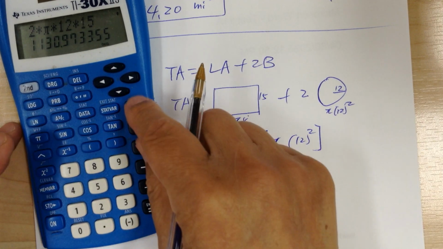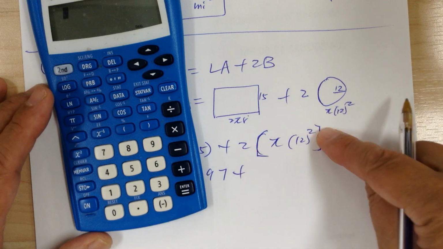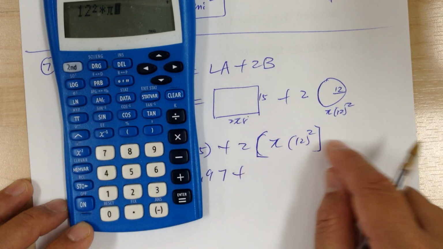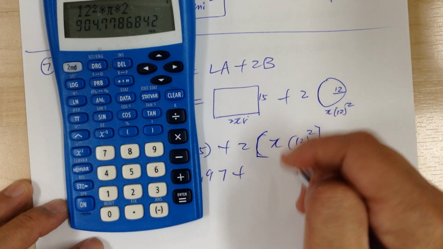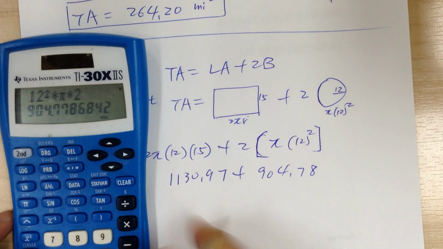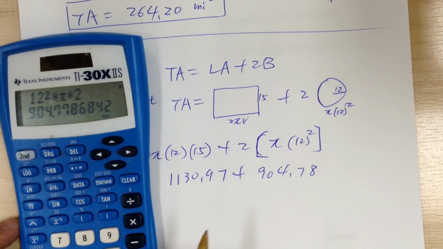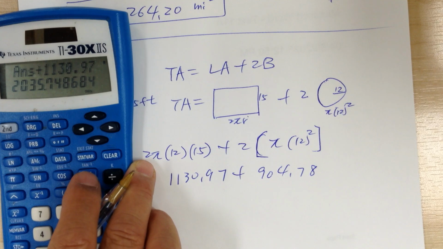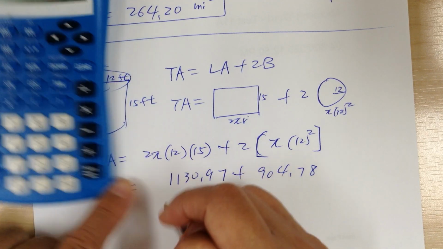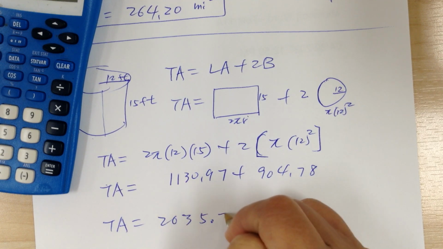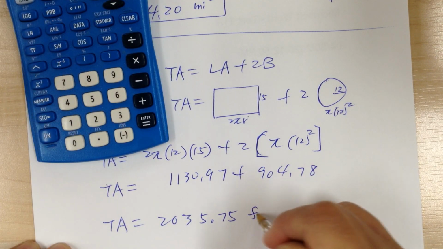This one over here, I'm going to do the square first. So 12 squared times pi times 2 is 904.78. And I'm going to add this together, so plus 1130.97. So this would give me 2035.75 square feet.